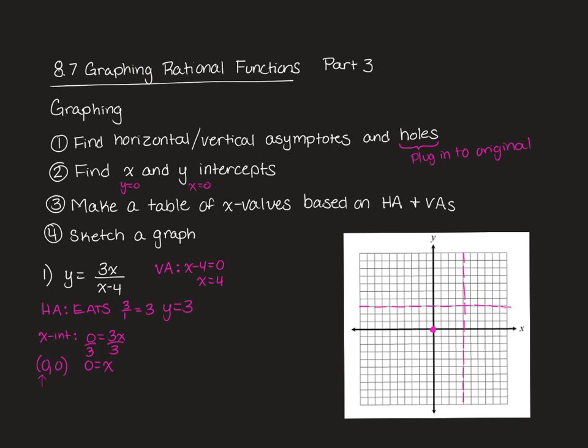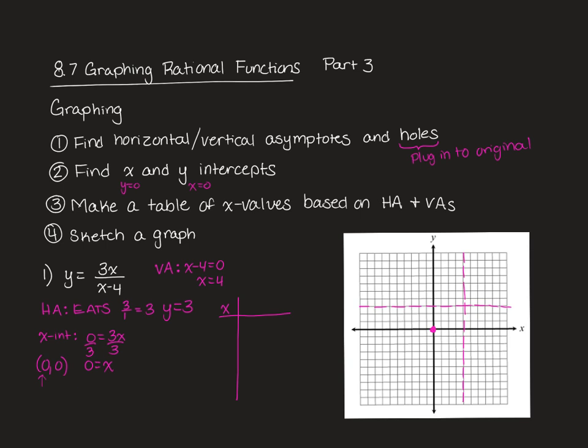Now we're going to make a table of values based on your horizontal and vertical asymptotes. The way that I do this is I look at where my vertical asymptote lies. In this case, it's at 4. So I'm going to take a couple of points to the left of 4 and to the right of 4 and use those to sketch my graph.